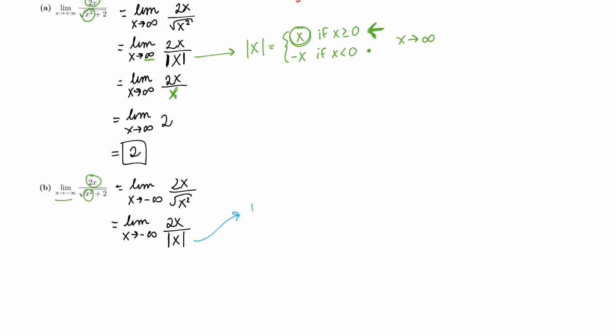But now, if x is going to negative infinity, are we using the top or bottom piece? Using that bottom piece, because x is less than 0. Negative infinity is less than 0. So you're using the bottom piece.